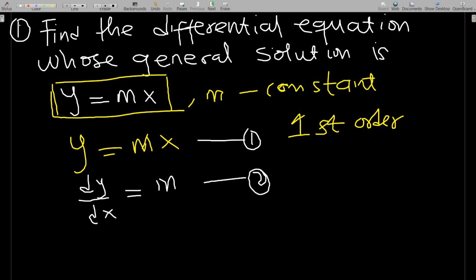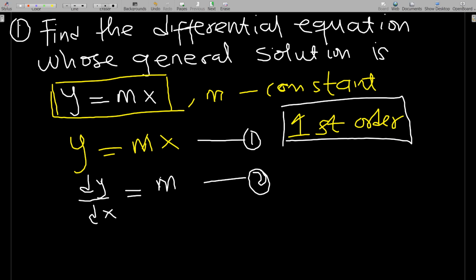So when you have only one constant, you use two equations: the general solution given to you, and the first derivative. You get a first order ODE, and you need two equations, one being the general solution given and the other its first derivative. This is what happens when you have only one constant.